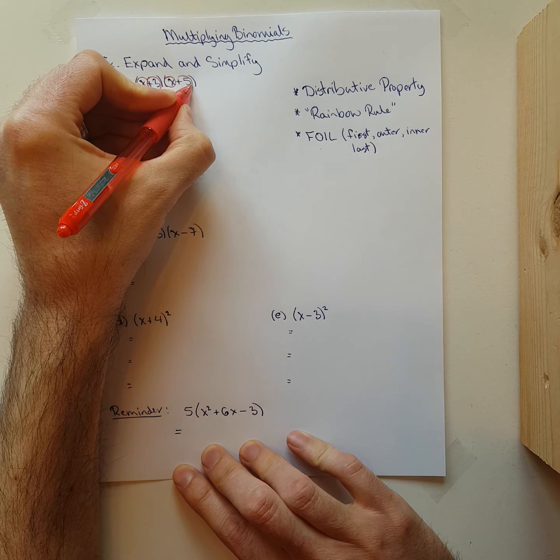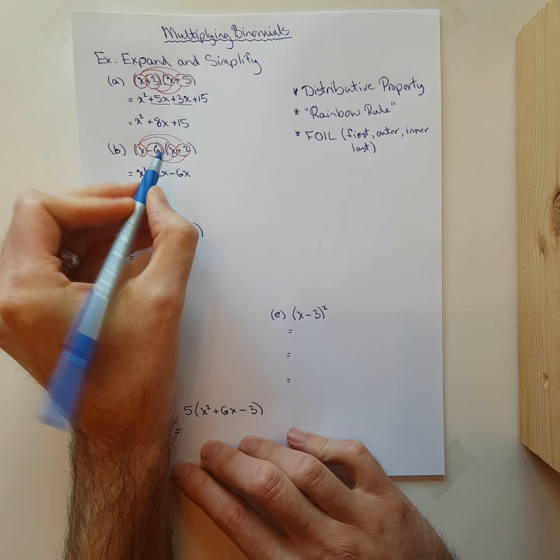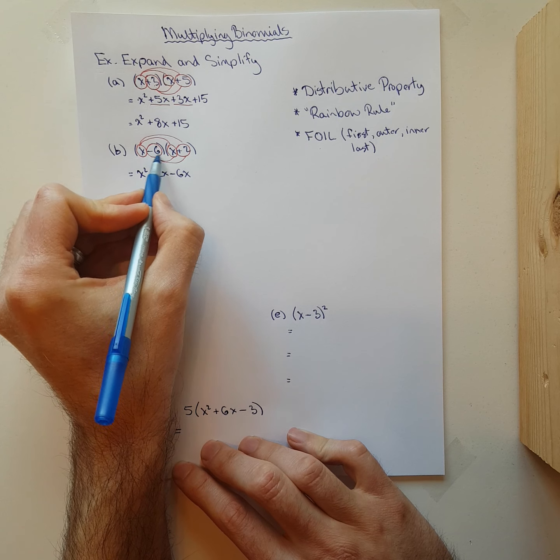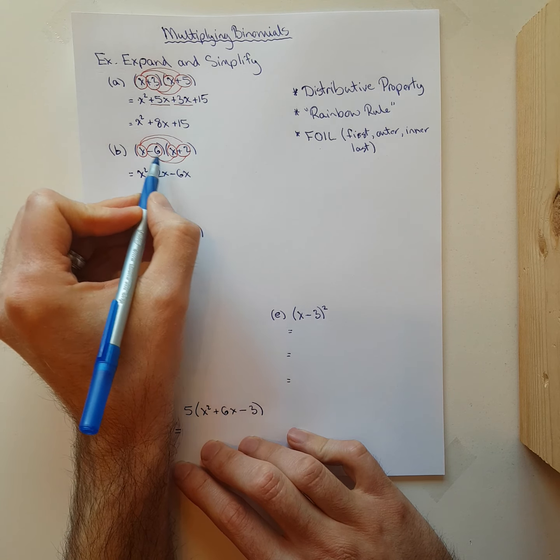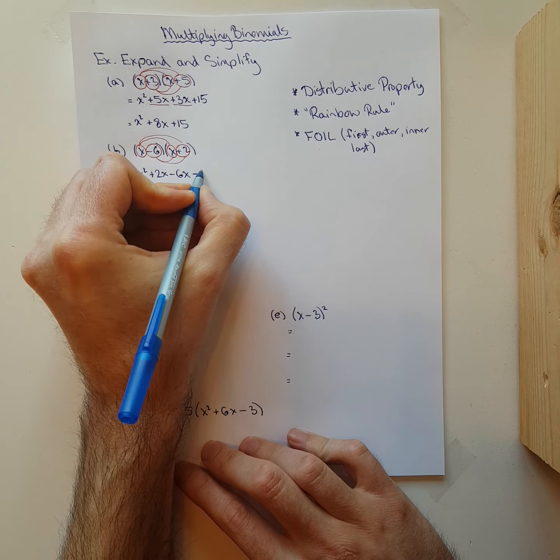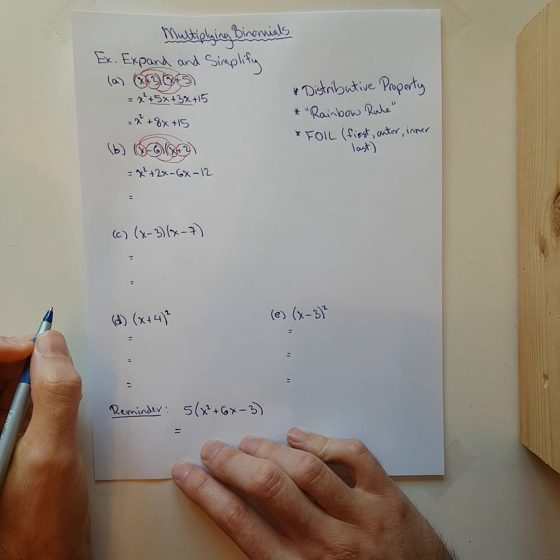If we carry out that multiplication, x times x gives us x squared. X times positive 2 is positive 2x. Negative 6 times x gives us negative 6x. So here we need to be careful with this sign as we start multiplying by negative 6. And then negative 6 times positive 2, a negative multiplied by a positive, would give us negative 12.